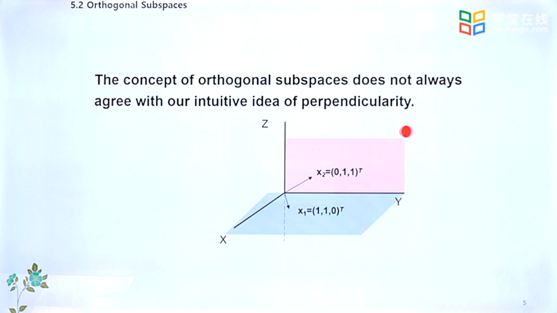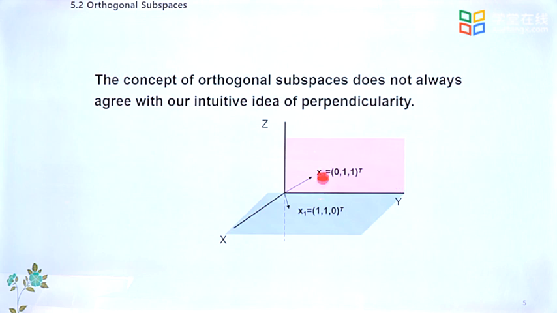However, these two planes are not orthogonal subspaces, because in the XOY plane you can find this vector, 1, 1, 0, and for the YOZ plane, you can find another vector x2 equals 0, 1, 1.